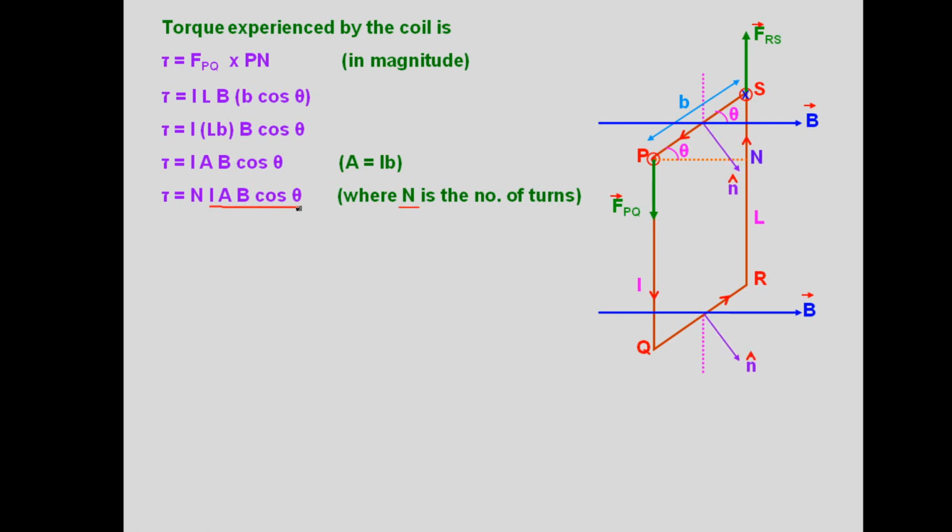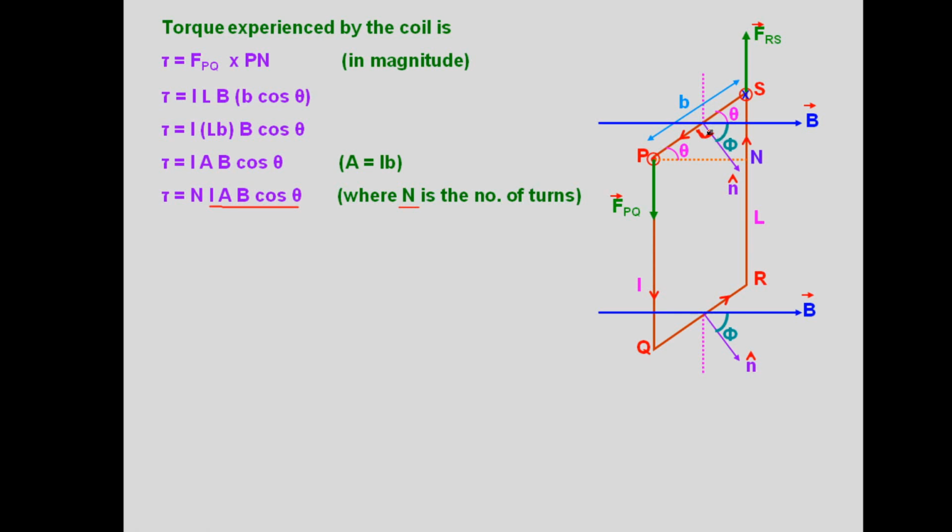And this is another important concept. This we have drawn normal to the plane of the coil. This n cap is the direction normal to the plane of the coil, that means the area vector, and it is making angle phi with the direction of magnetic field.